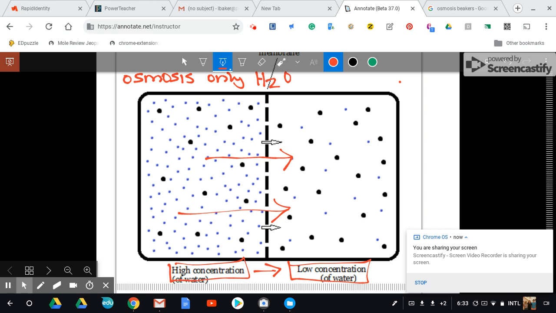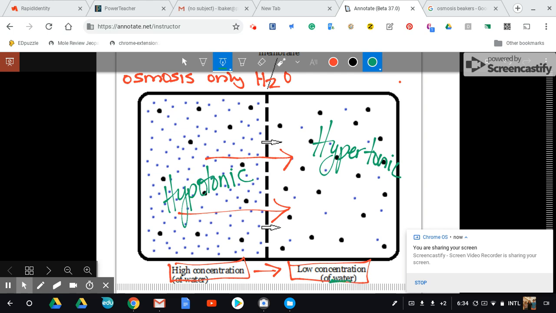So some terms that you need to be familiar with. Since this has a high concentration of water, this would make it hypotonic. All right. Since this has a low concentration of water, this would make it hypertonic. Now, when you're looking at osmosis, remember, high concentration to low concentration of water.